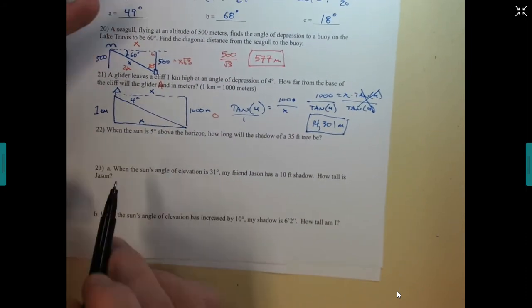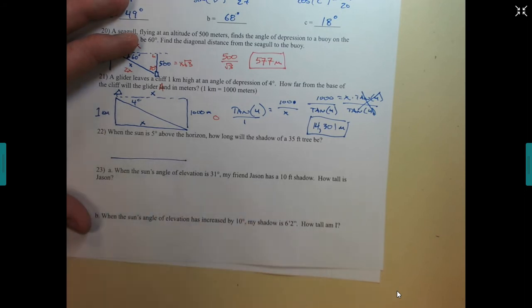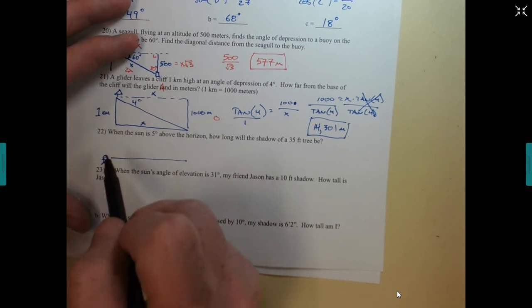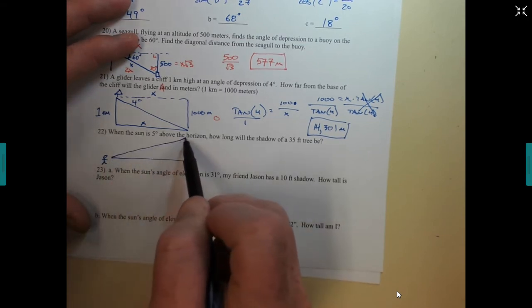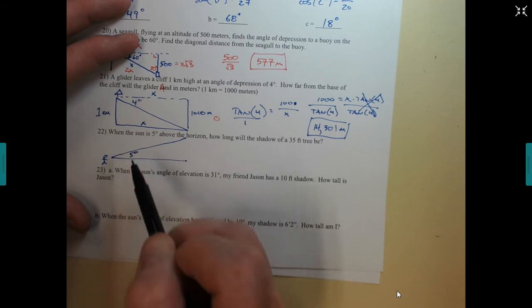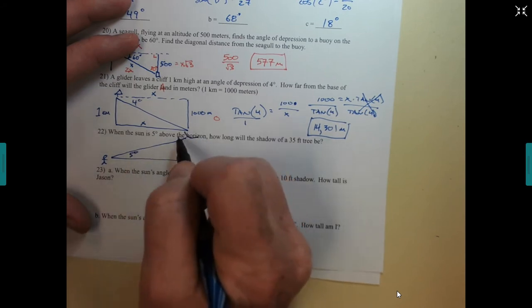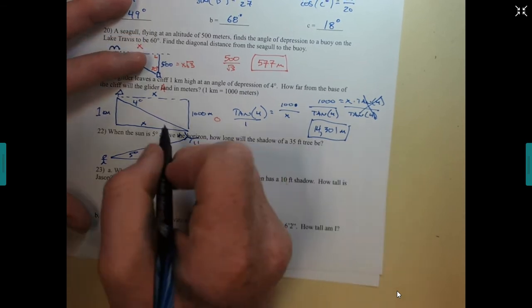Another tough drawing. When the sun is 5 degrees above the horizon, that is the horizontal distance that you see off in the distance. If the sun is 5 degrees above the horizon, the sun is up here. How long will the shadow of a 35-foot tree be?